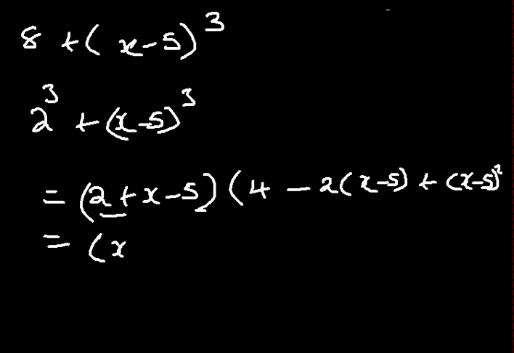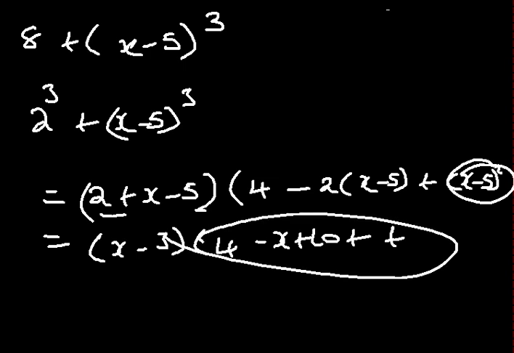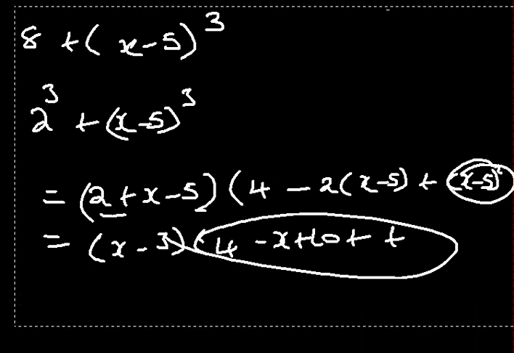We'll have it as (x minus 3) and the other factor, with minus x plus 10, and the plus. You have to expand that and have it here, then you can simplify that one out. You have the expression inside there. So try to go over that one at your own time.